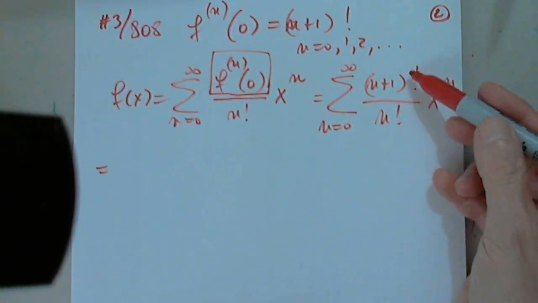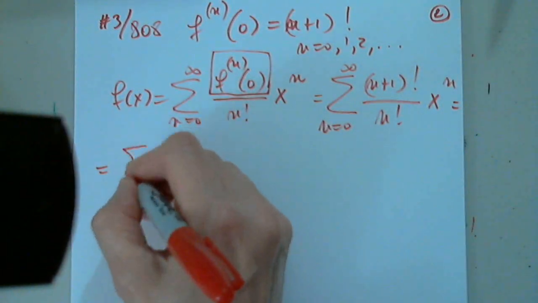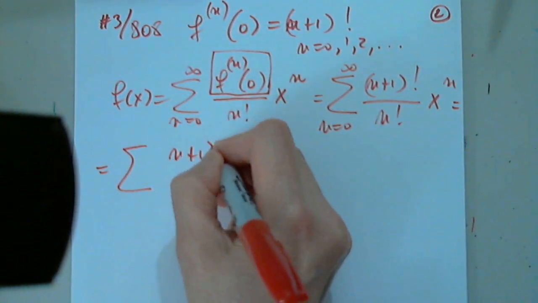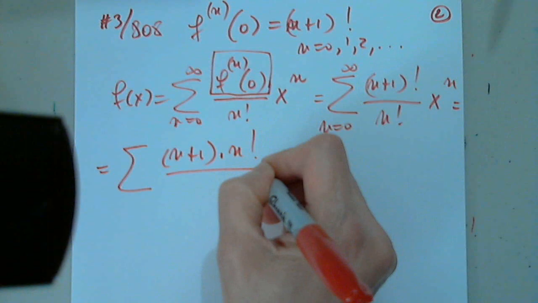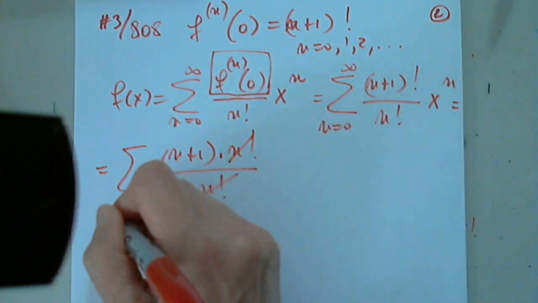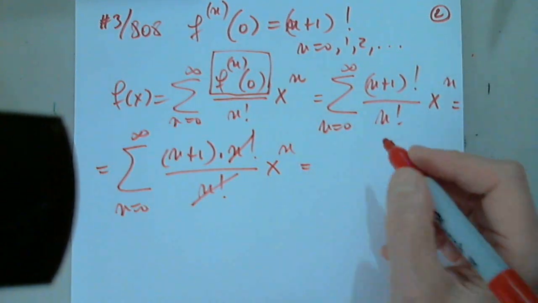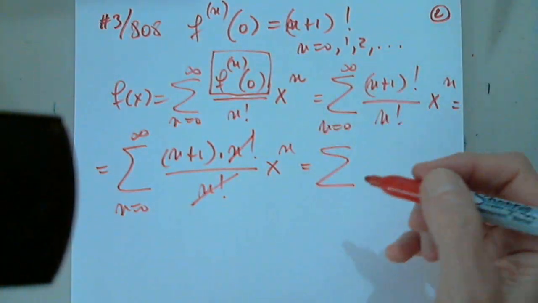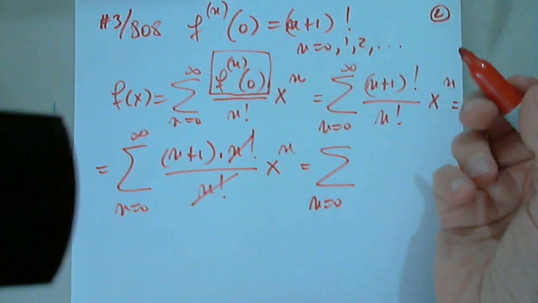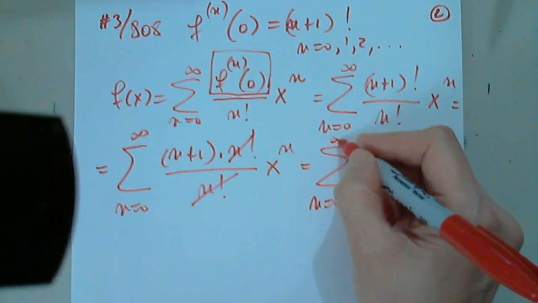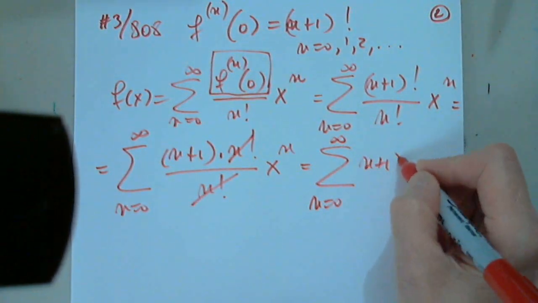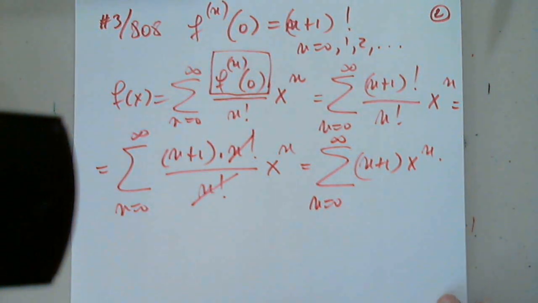If you remember, n plus 1 factorial can be rewritten as n plus 1 times n factorial, over n factorial, and we will simplify n factorial with n factorial. So the Maclaurin series will be the sum of n plus 1 times x to the nth power.